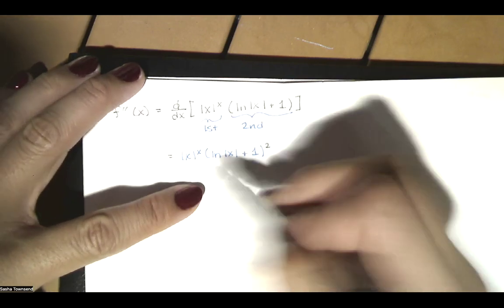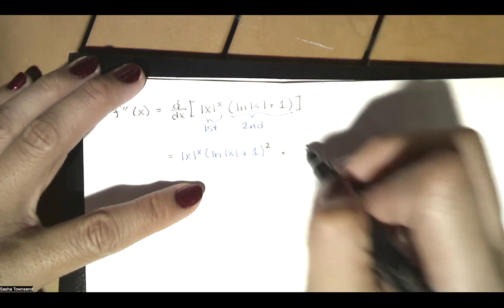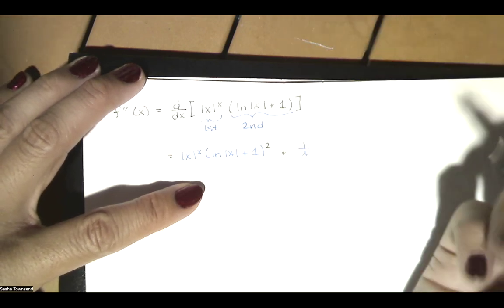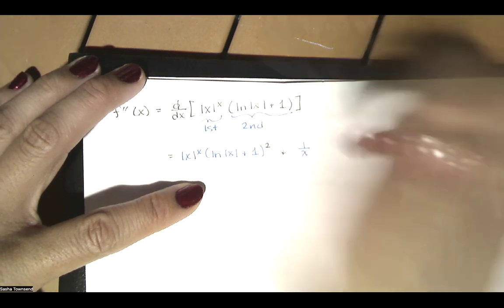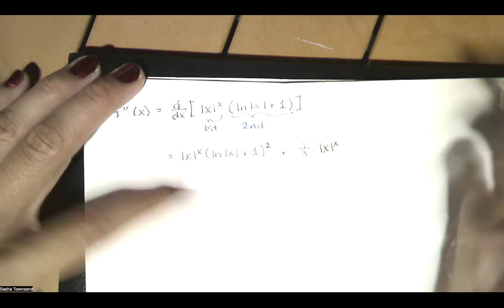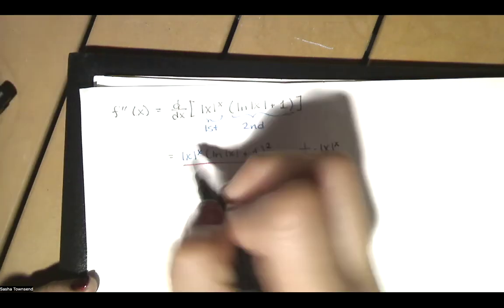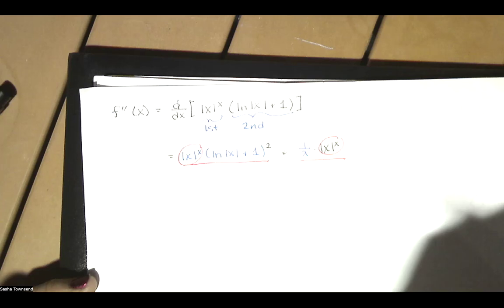It's derivative of the first times the second, plus the derivative of the second, which is 1 over x, plus 0, times the first, undifferentiated. And so I look at that expression and I say, well, what do those two terms, separated by a plus sign, have in common? Well, they both have that absolute value of x raised to the x power.